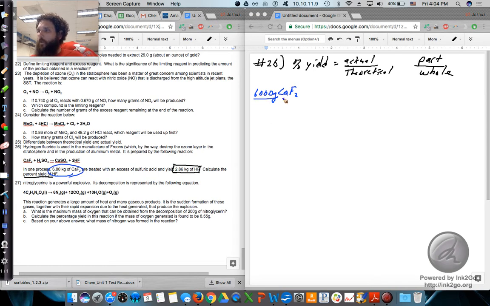Notice I converted into grams because we have our grams of this from the periodic table. So calcium is 40.1, and we have fluorine, which is 19, 78.1. That's 1 mole. And we go through a mole ratio step.